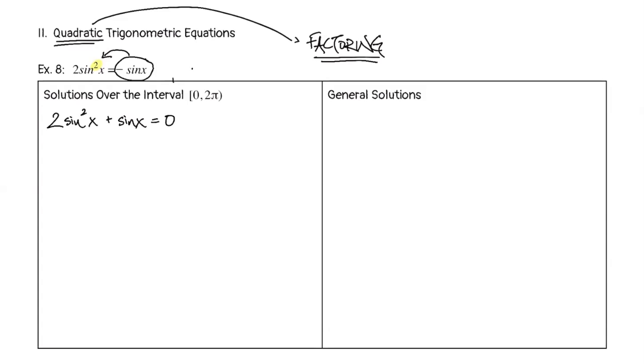We want to remember sine squared x is the same thing as sine x squared. Nobody writes it like that, but we want to know those are equivalent. Okay. So when we take a look at this side, once we've moved everything to one side, then we have some options.